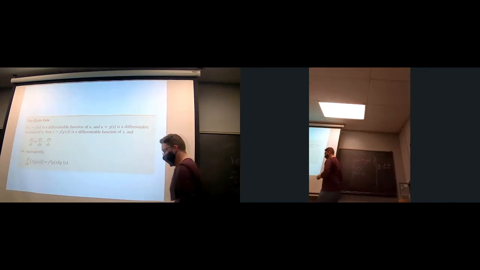Does this make sense to everybody? The chain rule is really just saying when you have a bunch of functions daisy chained together, their derivatives are going to be daisy chained together. Get what I mean?